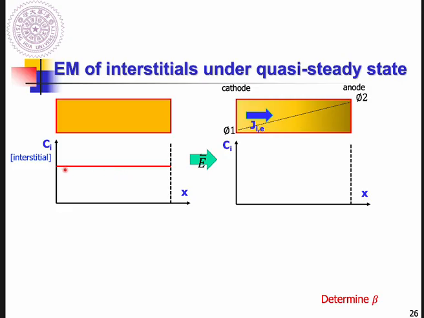So the concentration will change, with some atoms pushed to move to the right-hand side. So we will have lower concentration on the left-hand side and higher on the right-hand side, because I push interstitial atoms toward the right-hand side. So this is mobility, concentration, and driving force.